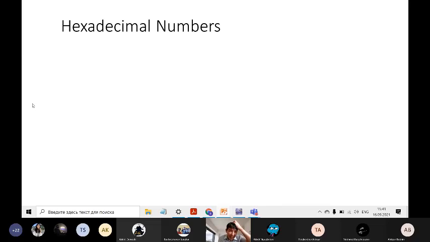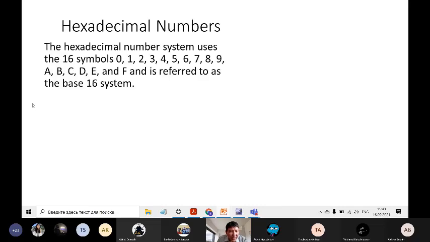Okay, hexadecimal numbers. Hex means 6, I think, and it's 16 in total. It's very useful because it's very easy to convert from hexadecimal numbers to binary numbers. The hexadecimal number system uses 16 symbols: 0, 1, 2, 3, 4, 5, 6, 7, 8, 9.